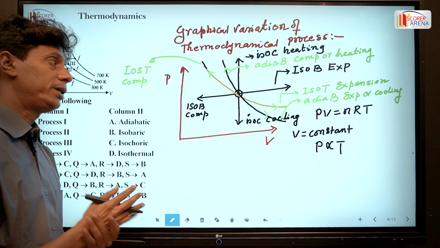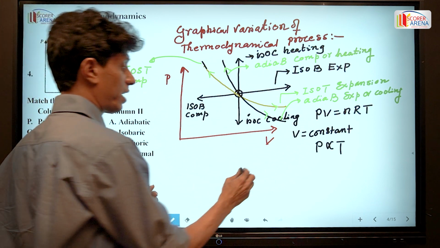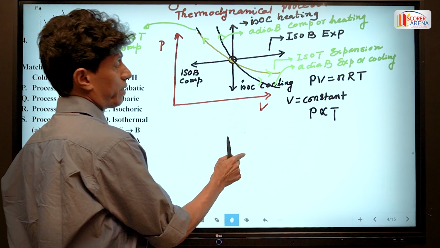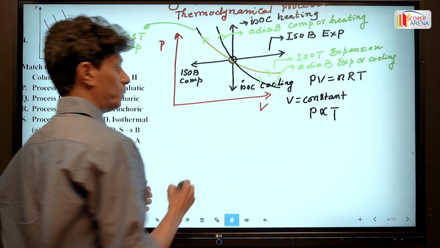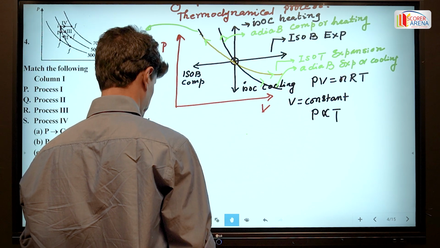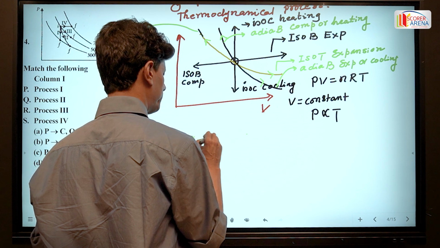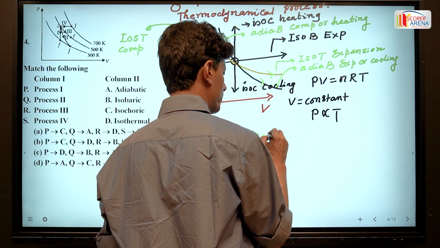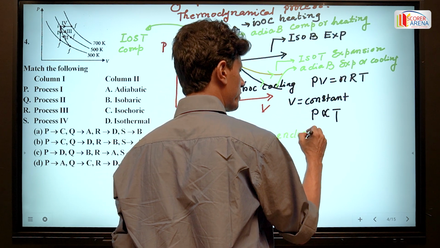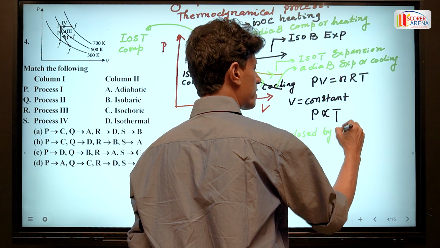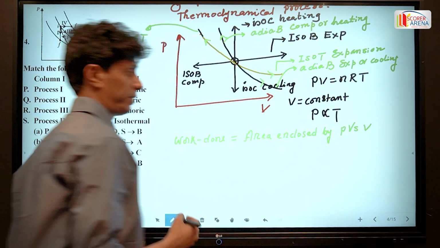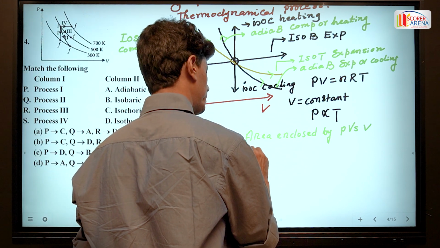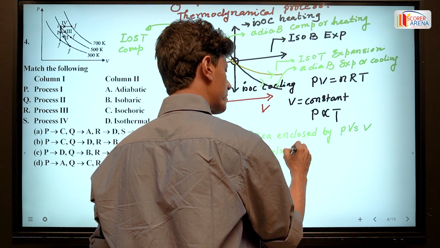So this is the PV graph, and from this graph we can say, actually we know work done is equal to area enclosed by P versus V graph with the volume axis.